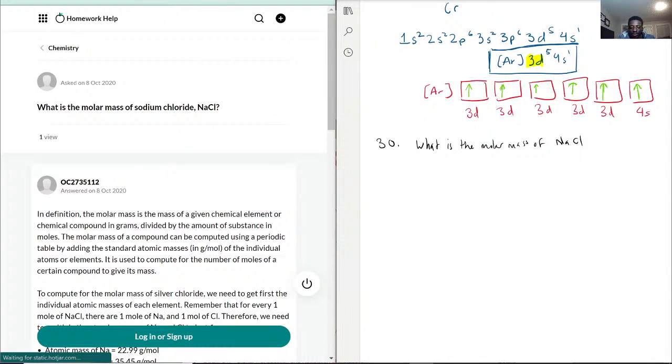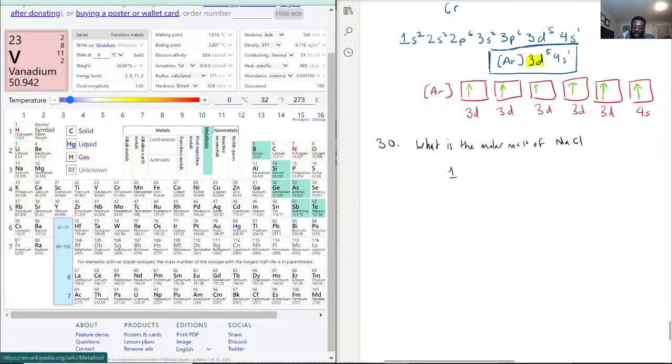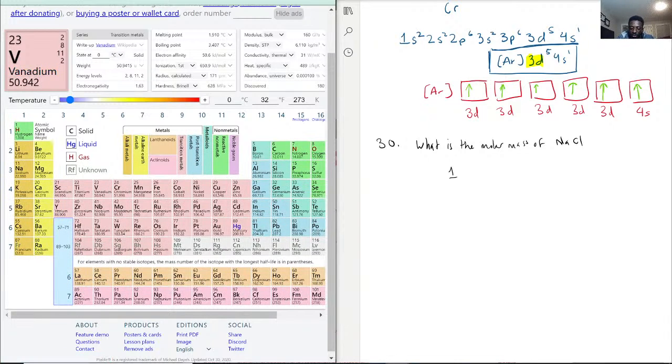Okay, let's get our constituents. We have 1 for the Na and 1 for the Cl. So there's luckily not much math for us to do.